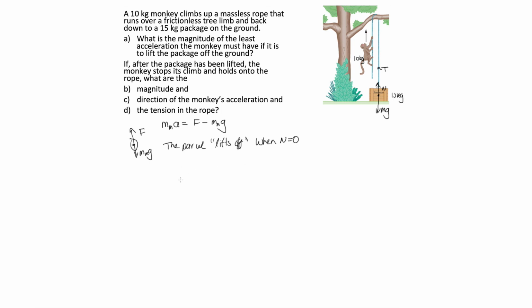So let's write down the equation for the parcel. The mass of the parcel times the acceleration, which is 0, because it'll just lift off when it's got a net force of 0, is equal to the tension force minus the mass of the parcel times g.